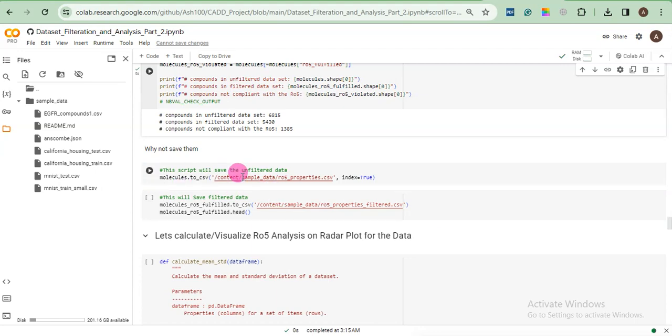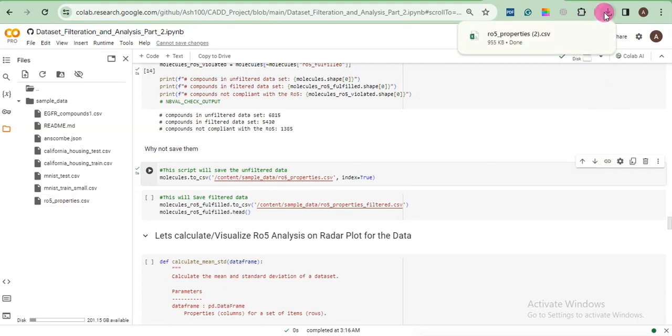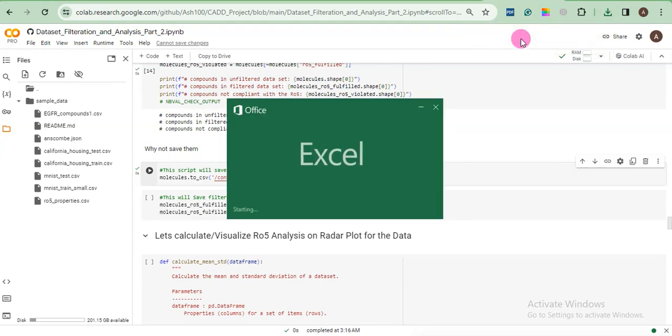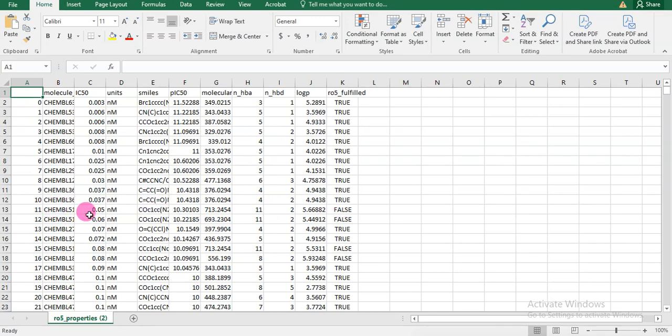This code, if you run it, will download the complete dataset, Ro5 properties, and it will come here. Let me refresh here. So this dataset, if you download it, will show you all the data. You can see this compound false, it means it is deviating.